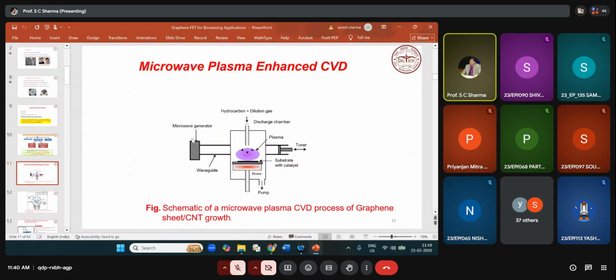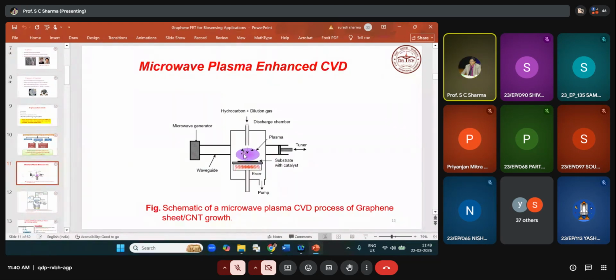The microwave generator has a frequency of 2.45 gigahertz and power of 500 to 600 watt. This frequency is fixed; even at home, we use a microwave oven with a fixed frequency of 2.45 gigahertz. So now create plasma.